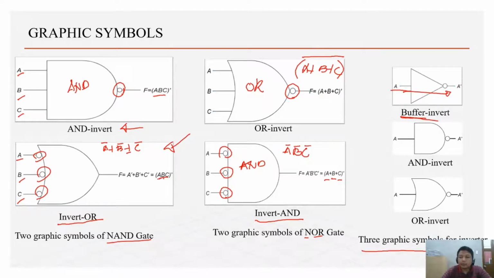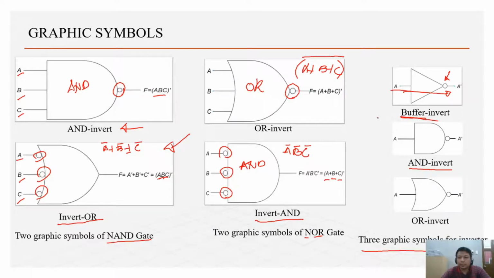If we talk about an inverter, kapag inverter naman, meron lang siyang bubble dun sa output. Now, isa pang example ng inverter ay tinatawag nating NAND invert. Meron lang siyang single input.